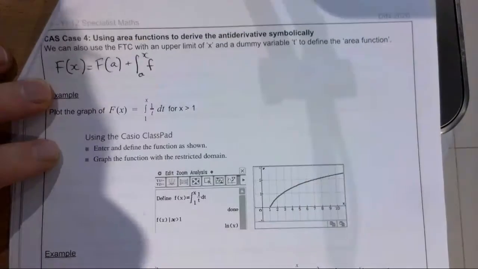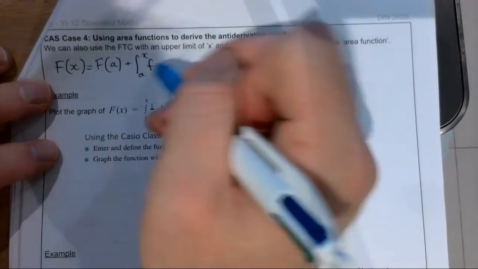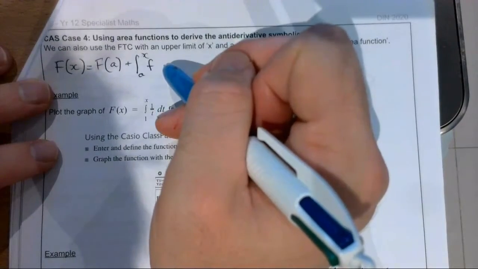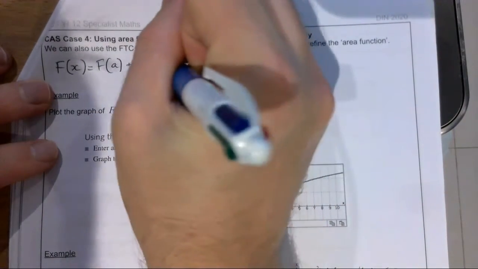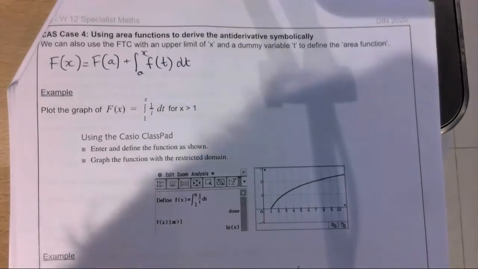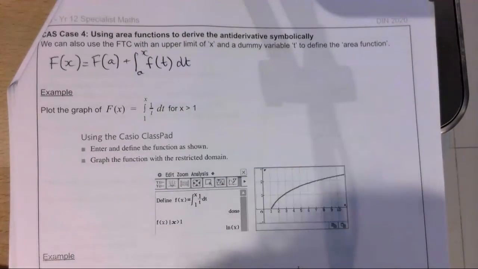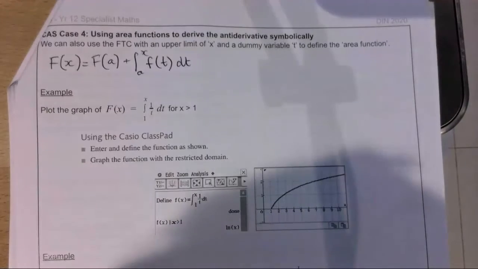And because I'm using my x now as one of the limits, I can't use it in my integral as well, so I'm going to introduce a dummy variable t. We can call it a dummy variable because it's there, but it's going to disappear. We evaluate the integral, and then we substitute in a and x.